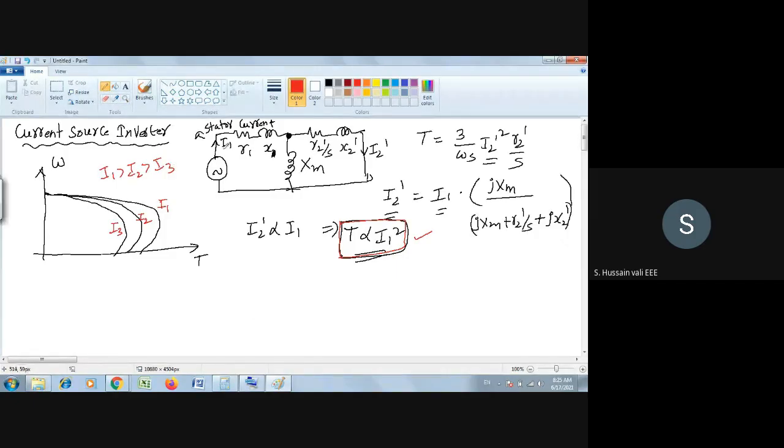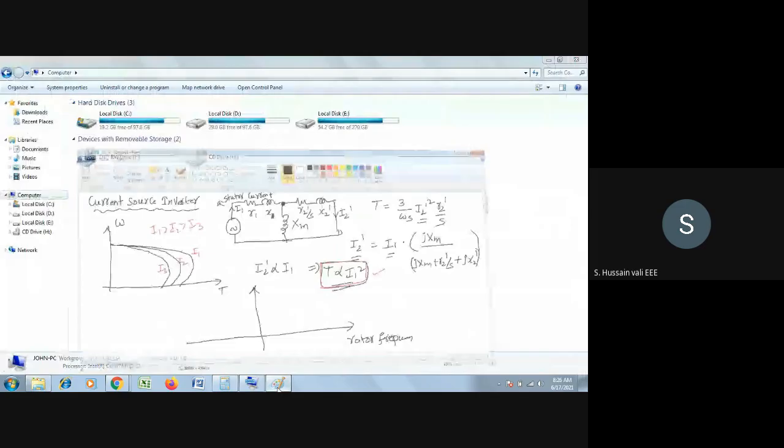Then we will have another plot, a similar kind of plot. This is rotor frequency.